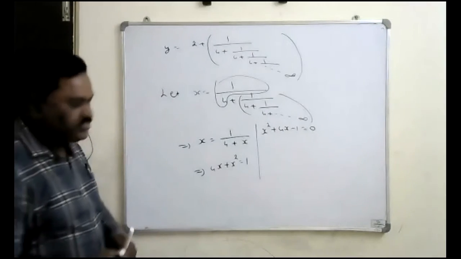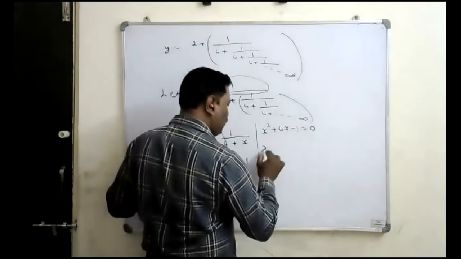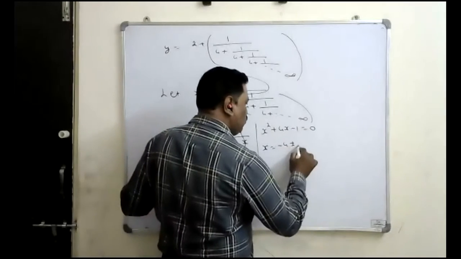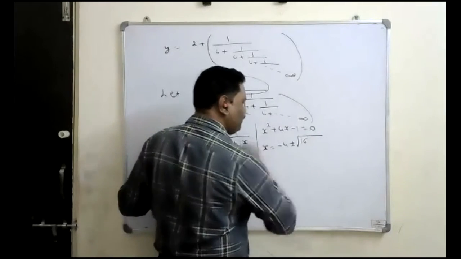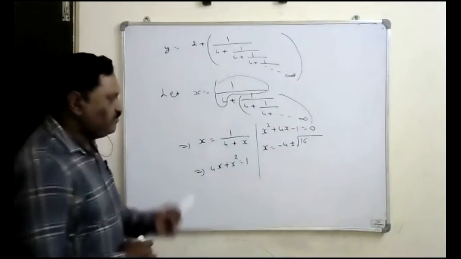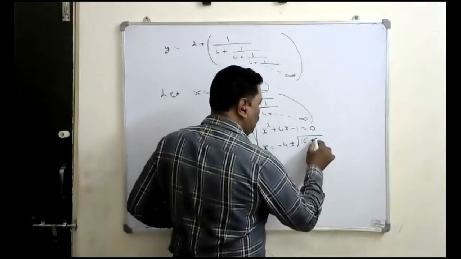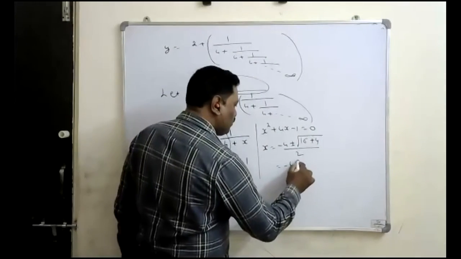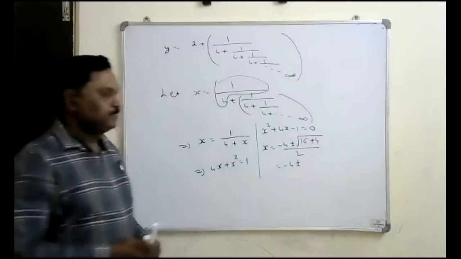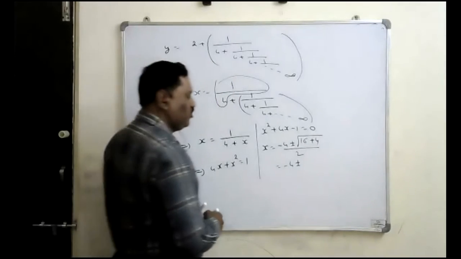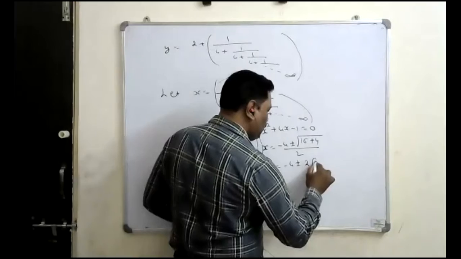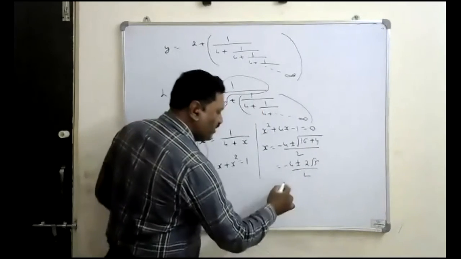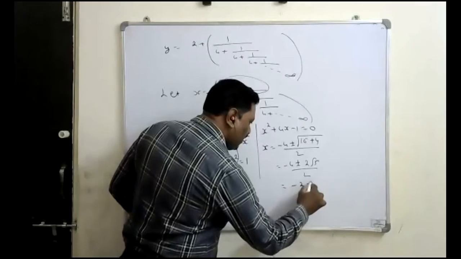We are not getting the factors here, so find the value of x using minus b, that is minus 4, plus or minus root of b square, that is 16, plus 4, all by 2a. So it is minus 4 plus or minus root of 20. 20 means 2 root 5, by 2. From the numerator the 2 and 2 cancel, so we get minus 2 plus or minus root 5.